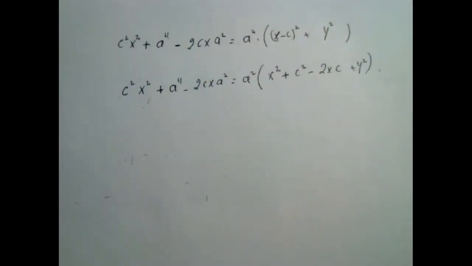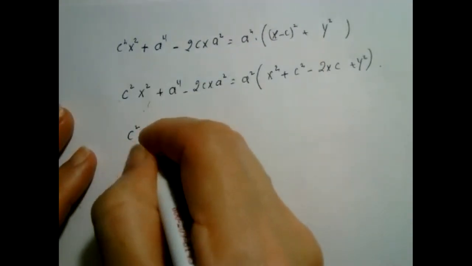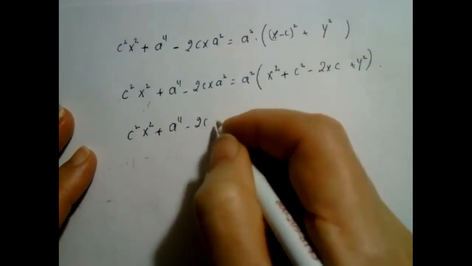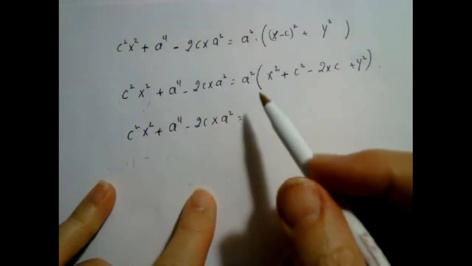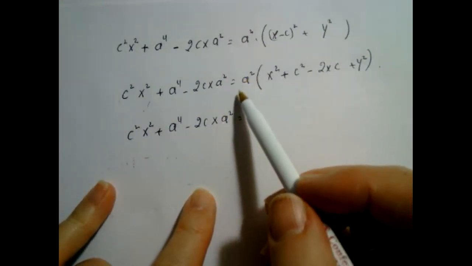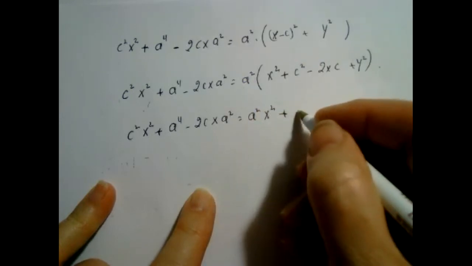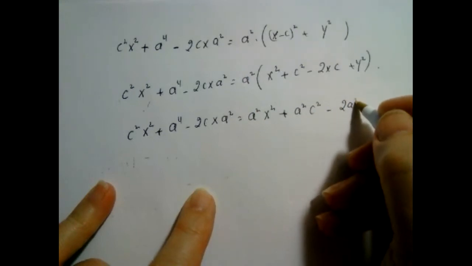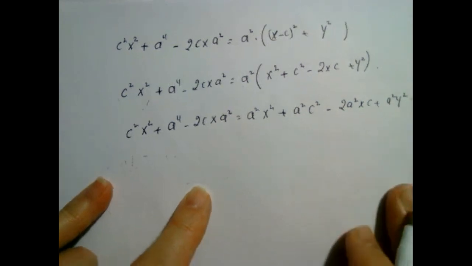Right now I'm going to distribute and collect like terms, and we get our formula. So the formula is purely based on the geometry of the meaning of the ellipse. And this is going to give me a squared x squared plus a squared c squared minus 2 a squared xc plus a squared y squared.